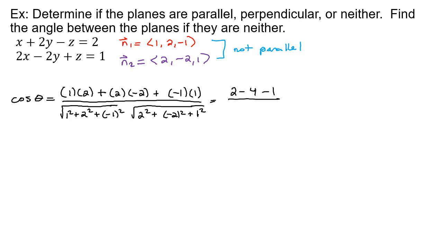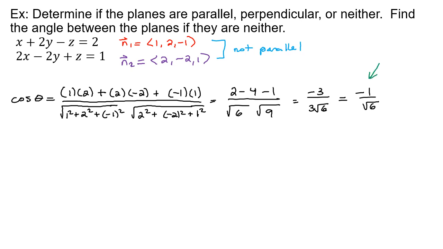So we're not going to be perpendicular either. On the bottom, we'll have 2 squared is 4, 5, 6. And 2 squared is 4, and 4 is 8, plus 1 is 9. So 2 minus 4 is -2, minus 1 is -3 over 3 root 6, or -1 over the square root of 6.